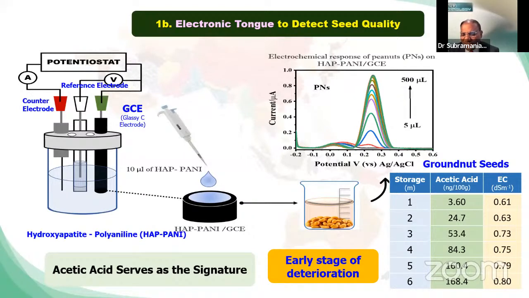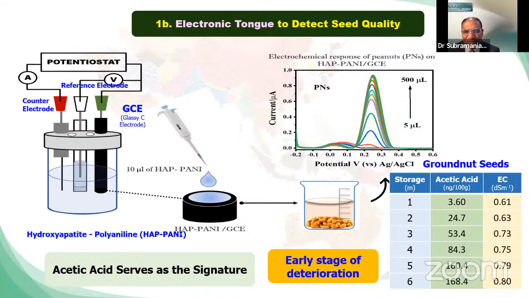At the bottom of the screen, I'm showing a table indicating the storage time at different months, 1 to 6, and you measure the electrical conductivity. It did not change much, though it is a very good indicator. This is what seed technologists have been using for maybe 30-40 years. This parameter is indicative of the quality of the seed.